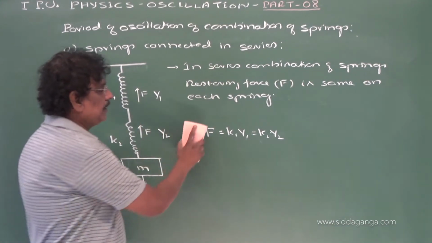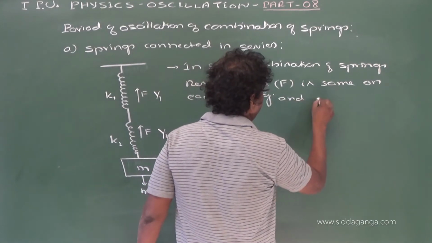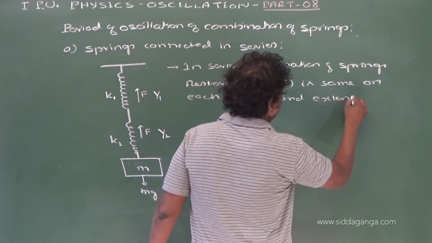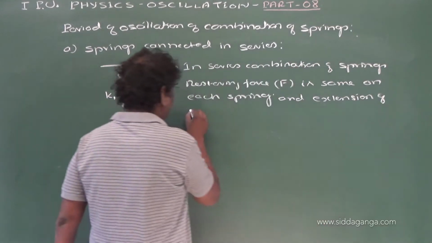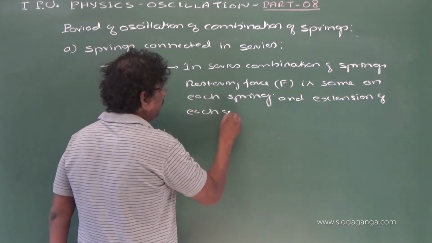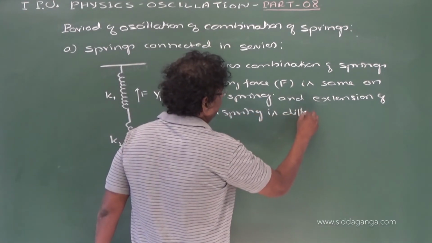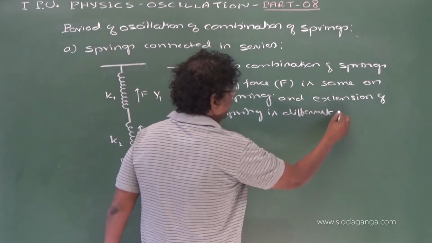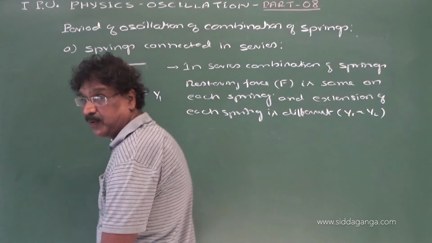That means the extension of each spring is different, that is y1 and y2.